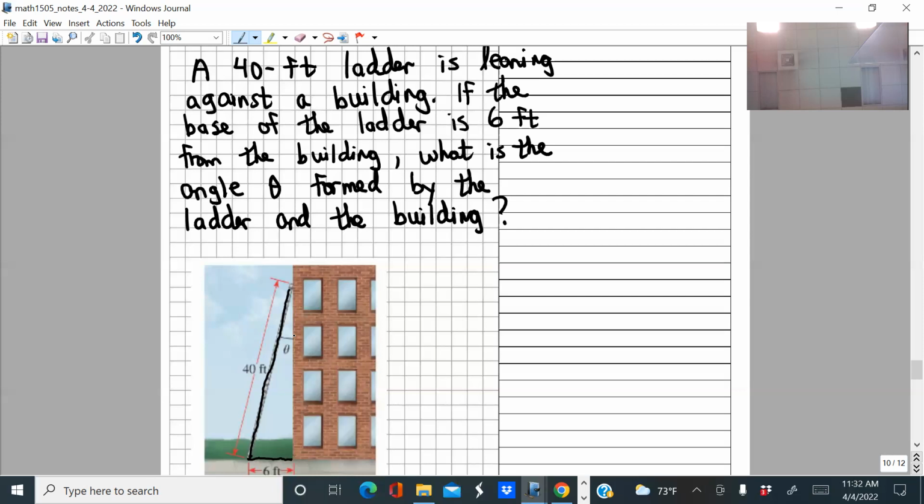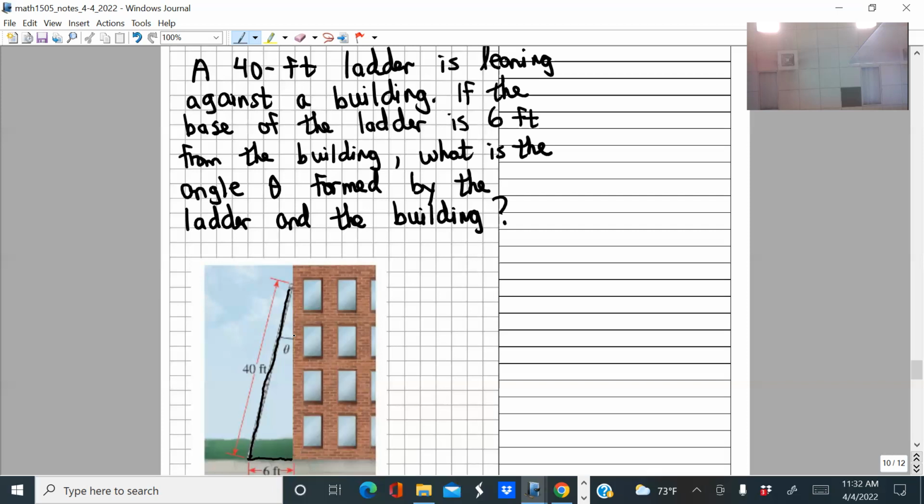Okay, let's write down. Sine. Sides. Right.